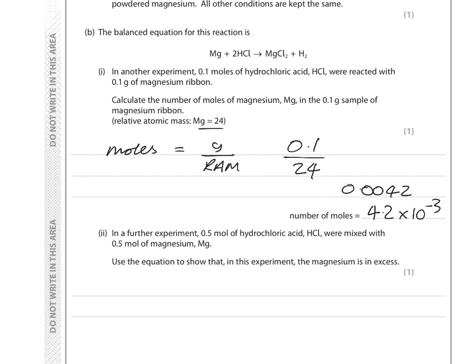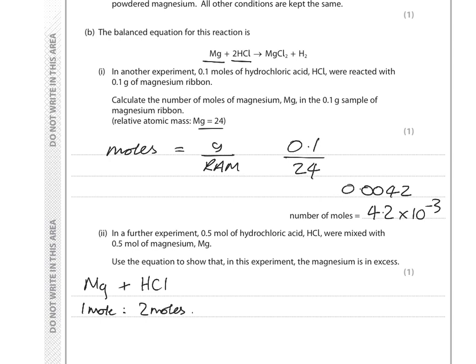Part 2, it says, in a further experiment, 0.5 moles of hydrochloric acid were mixed with 0.5 moles of magnesium. Use the equation to show that in this experiment the magnesium is in excess. Well, you didn't have to do any calculations for this. The balanced equation tells me that 1 mole of magnesium reacts with 2 moles of hydrochloric acid. So I've got Mg plus HCl. This is 1 mole reacts with 2 moles. And I get that from the equation.